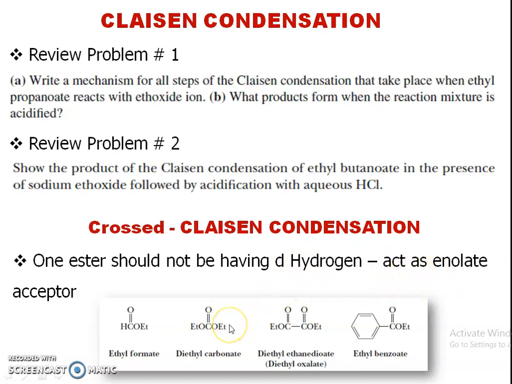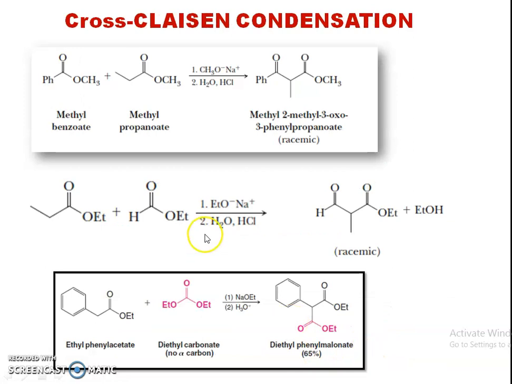So the other ester will form the enolate. This one will be the non-enolizable ester. Examples of non-enolizable esters are ethyl formate, diethyl carbonate, diethyl ethanethioate, ethyl benzoate. And this is the enolizable part, this is the non-enolizable part.